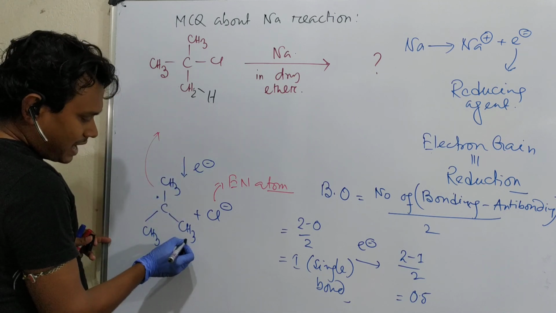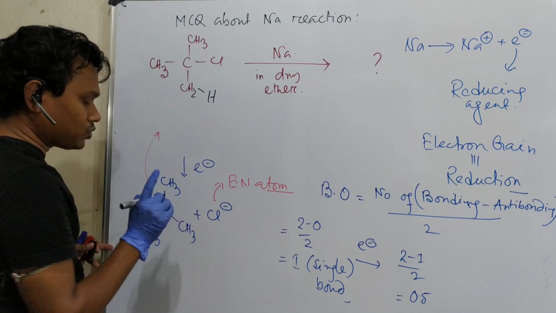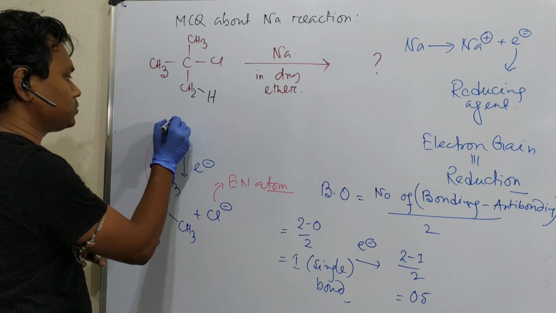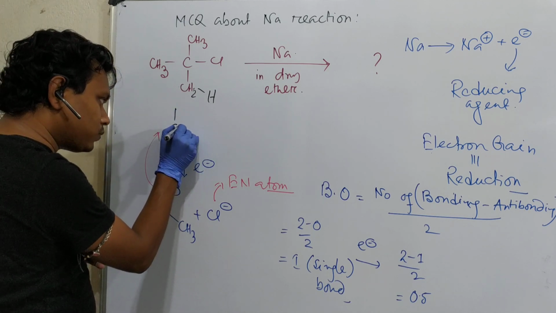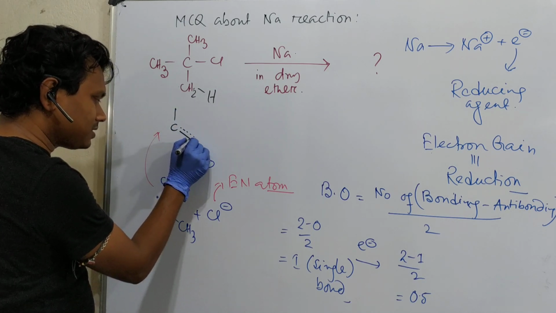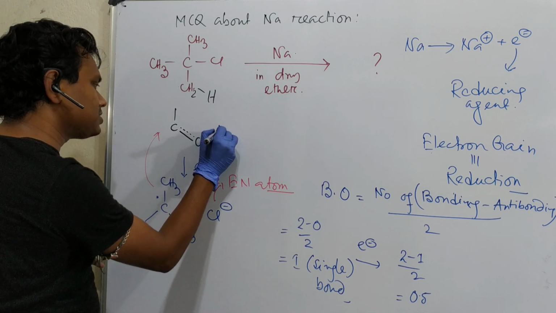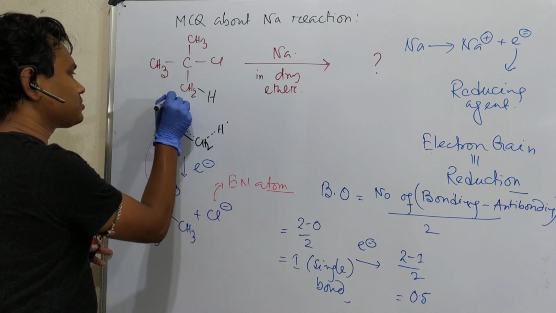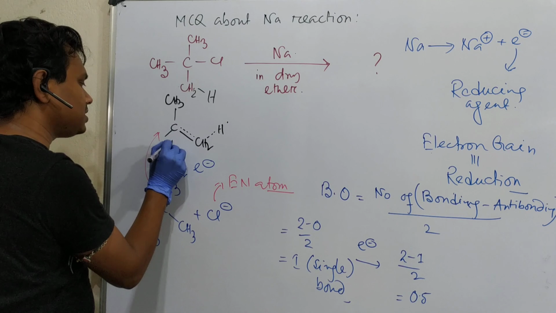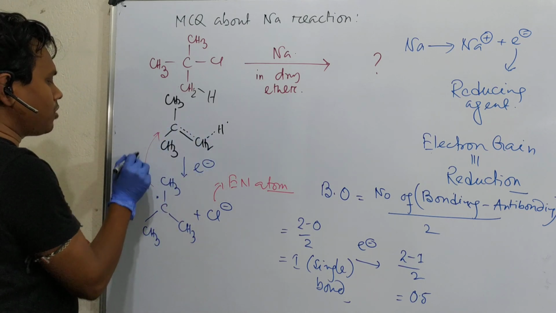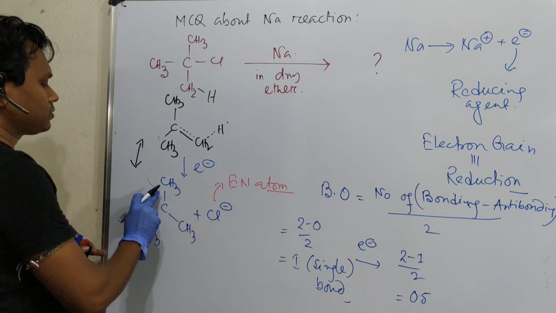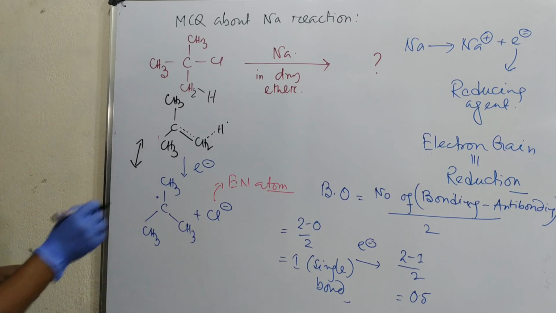There are 9 hydrogens, so 9 hyperconjugative structures are possible. A rough one I am just showing: this is the CH2, this is the dot, this is CH3, this is CH3. Just one canonical form I have shown to you. So this is hyperconjugation.